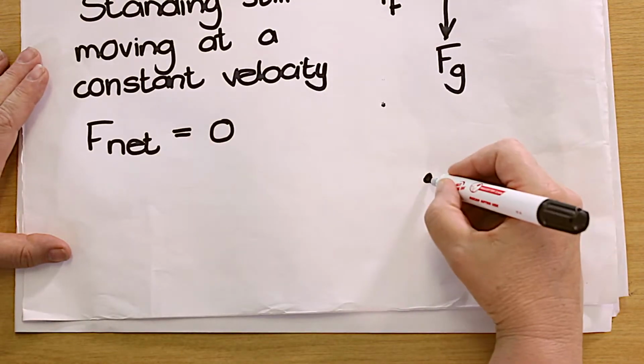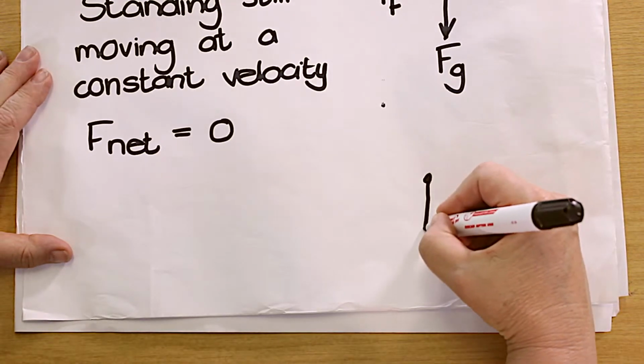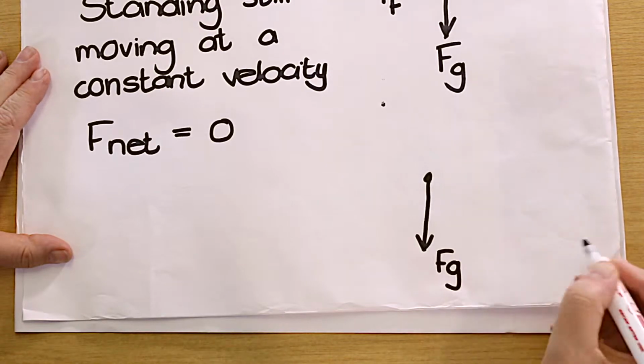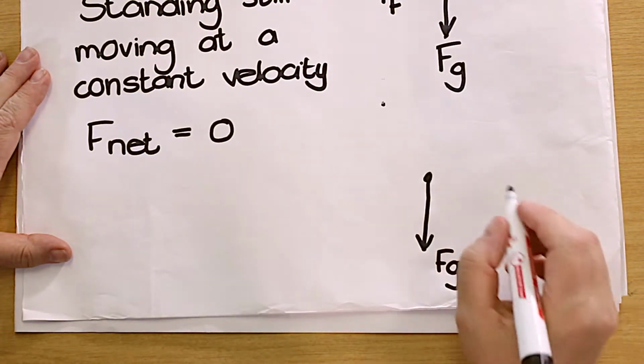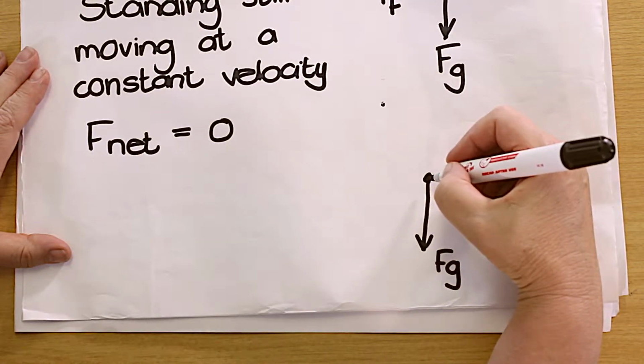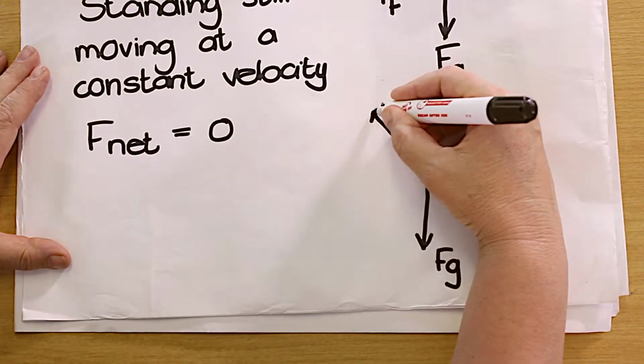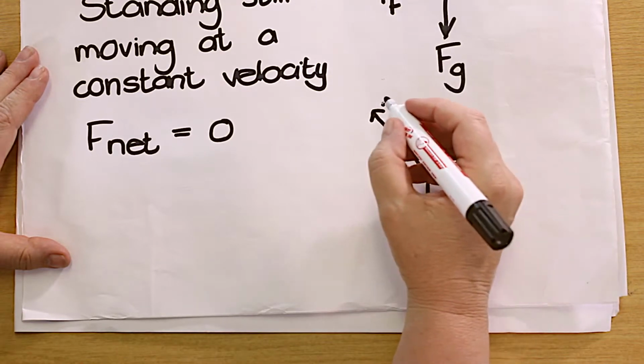Let's have a look at another example. I've got an object hanging from the roof. I've got a gravitational force acting on that object. We call that my gravitational force. There's a string attached to the roof, and that string is exerting a force upwards on this object.